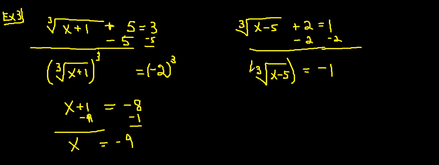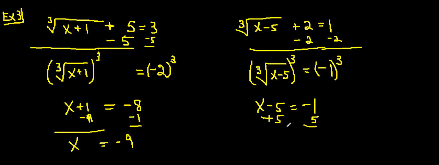Okay, then I'll cube both sides. Now my left side is going to be x minus 5. That's equal to negative 1 to the third power, which is negative 1. How about we add 5? So x equals 4. Okay, and that's that.